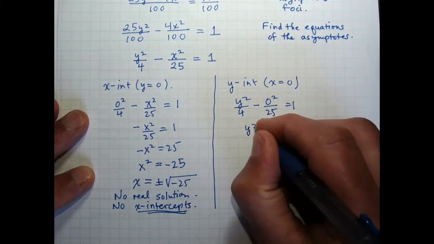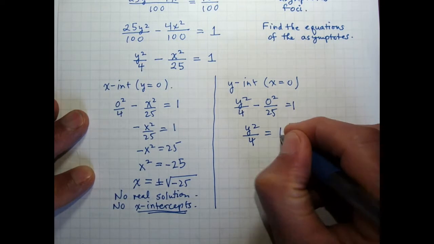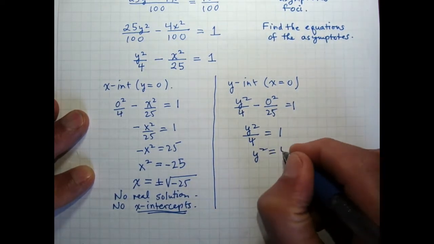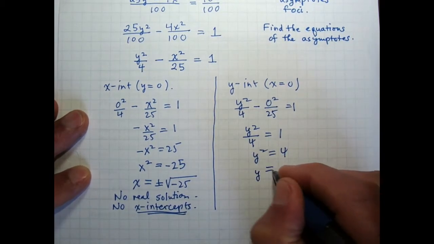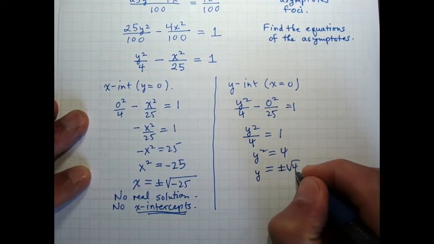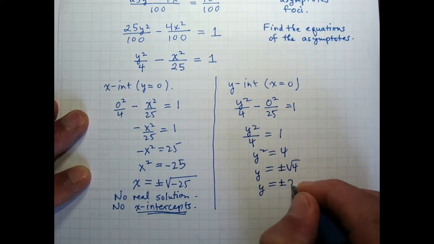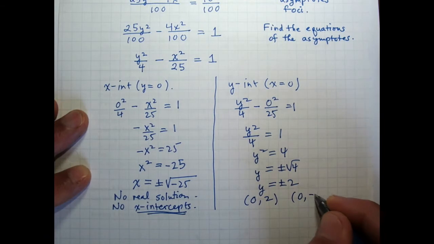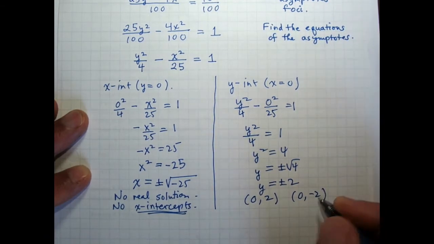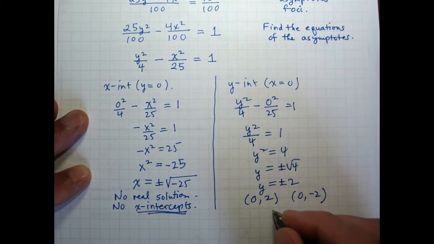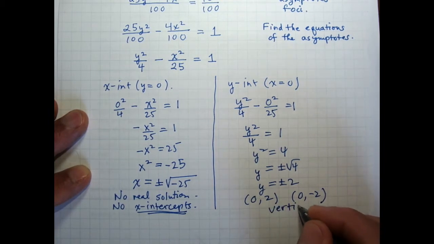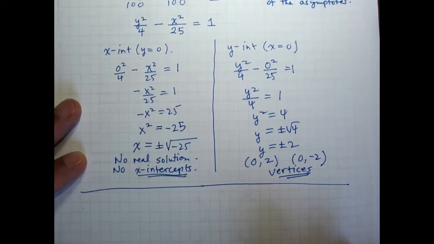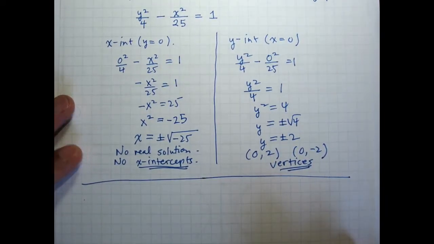So now, again, I get a nice positive situation here with y squared over 4 equals 1, y squared equals 4, y equals plus or minus square root of 4, so y is plus or minus 2. (0, 2) and (0, negative 2) are my y-intercepts. And these are going to be the vertices, what we call the vertices of the hyperbola that we're looking for here.